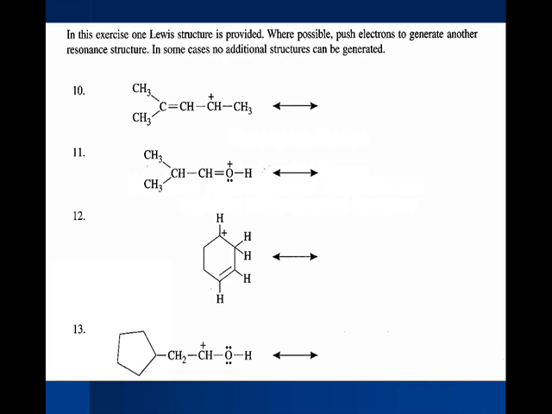Which one of those is the major contributor? The top or the bottom? And why? We have a more stable carbocation. Both carbocations are what? They're not both tertiary, obviously, but they're both what kind of carbocations?